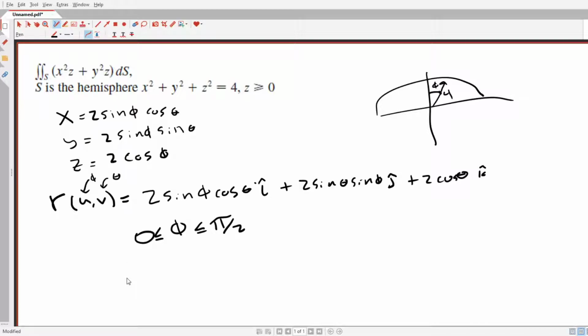And then theta is revolved all the way around the slice that phi carves out, around the z-axis. So 0 is less than or equal to theta, less than or equal to 2 pi.